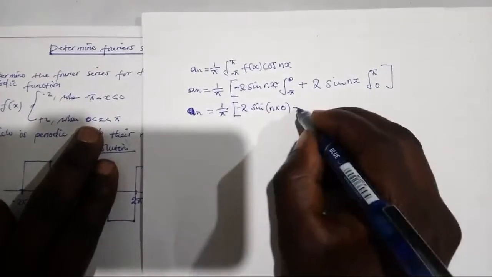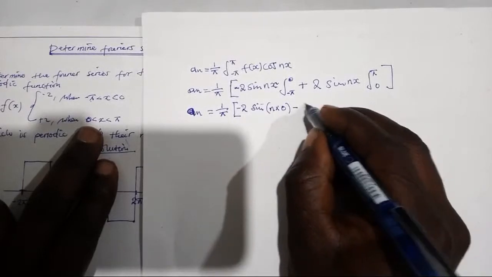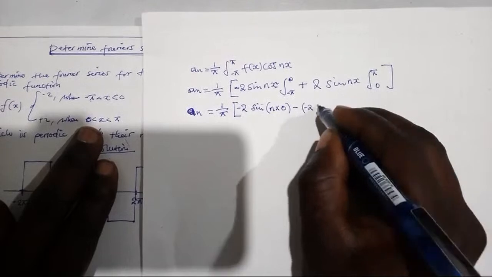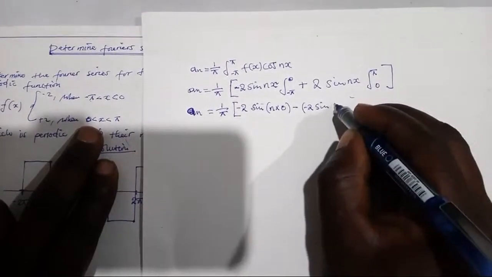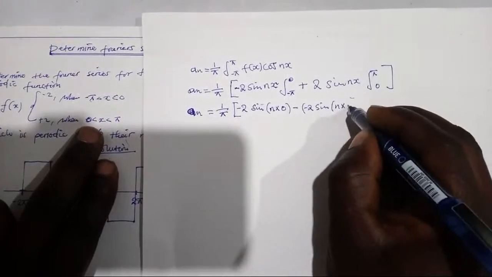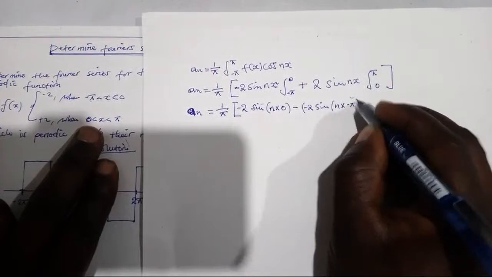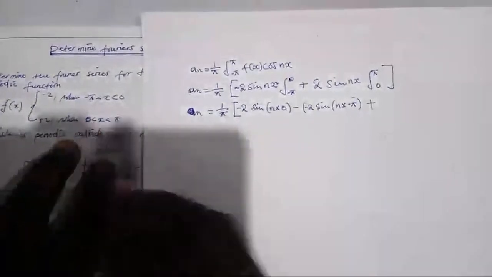Then minus the lower limit, which is minus 2 sine n times minus pi, okay? Then plus the other condition here, because here we are only tabulating this one here.